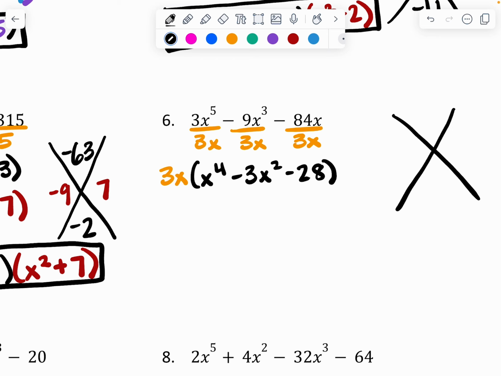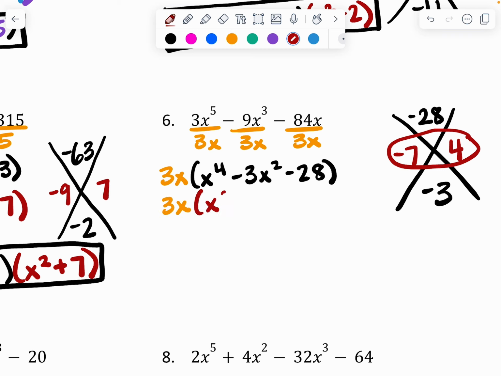Again, I have a equal to 1, so I can use the shortcut. Let's see, 28, 7, and 4, so negative 7 and positive 4. So I have 3x times x squared minus 7 times x squared plus 4.